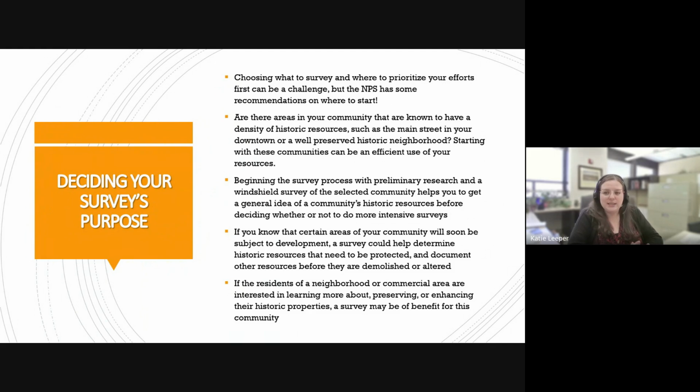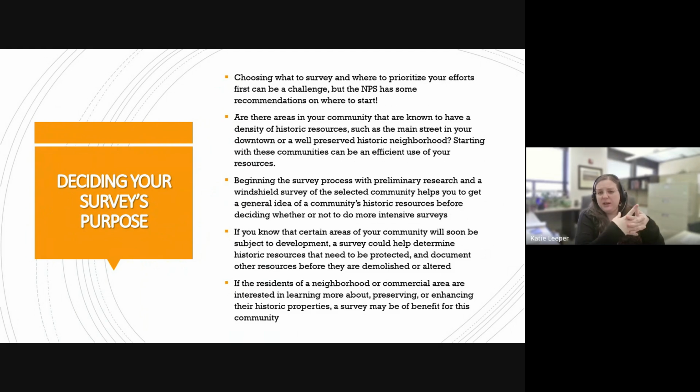It tends to have a high density of historic buildings, and so it can be easier to get all of that done in an efficient sort of way. If there's a well-preserved historic neighborhood, that could be something to look into. If you know a lot of the houses are original, then you're not going to have to be sifting out a whole lot of non-contributing resources. And so, yeah, great place to start if you don't have those surveys done already.